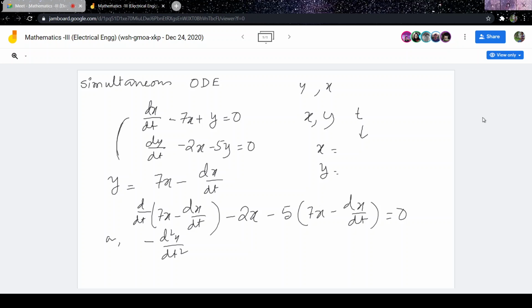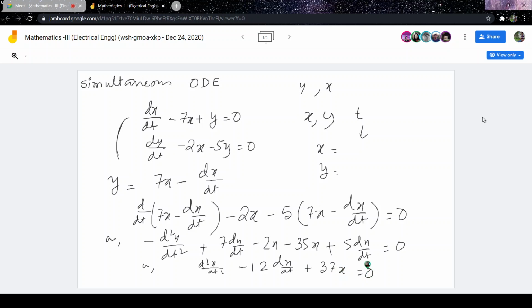Then plus 35 dx/dt, and minus 2x, plus 35x, is equal to 0, or d2x/dt square minus 12 dx/dt plus 37x equals 0.